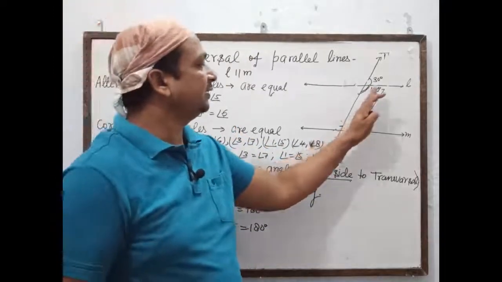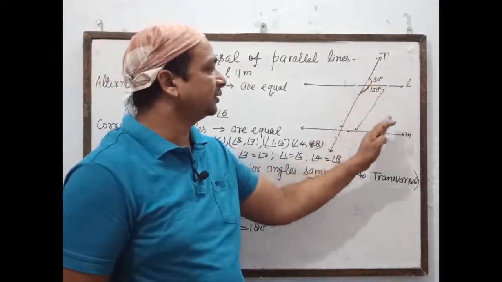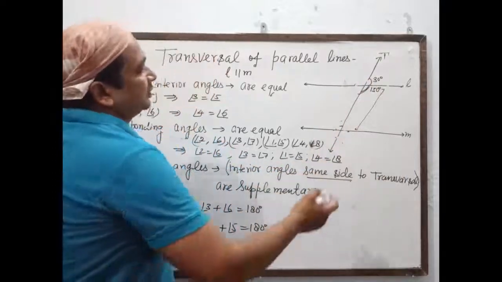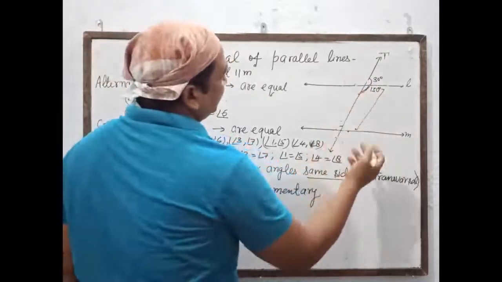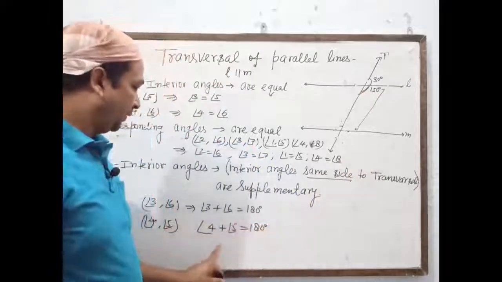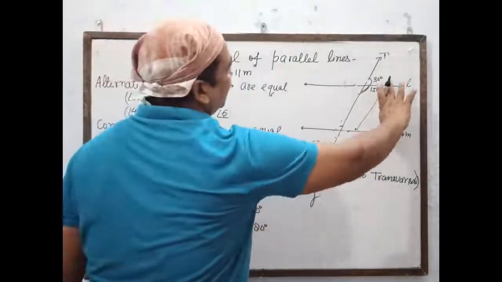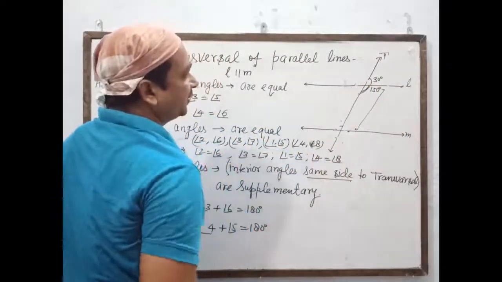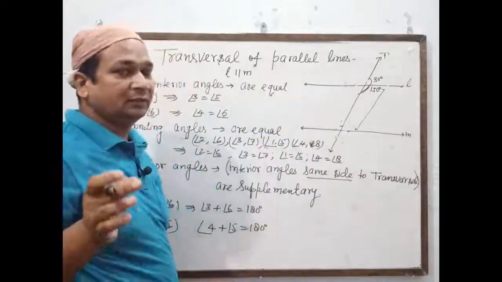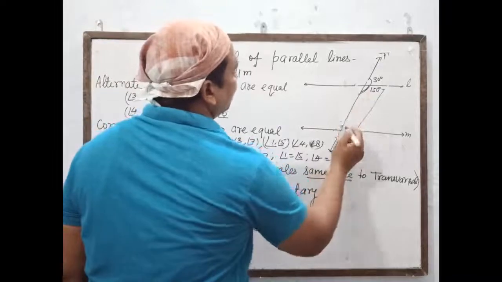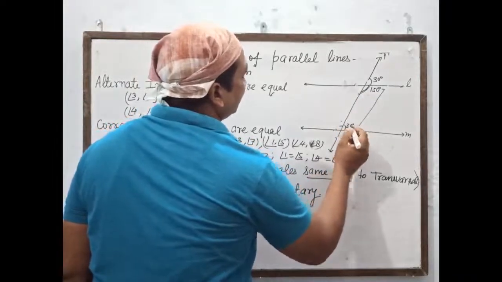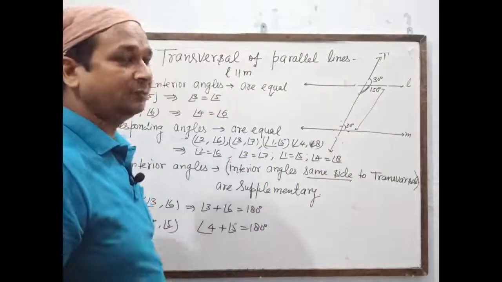Co-interior means interior angles on the same side of the transversal, so these two interior angles are on the right side. Then we have the property that they are supplementary. If these two lines are parallel, then these two angles are supplementary, the sum will be 180 degrees. This is 150, this is 30, by the co-interior property.